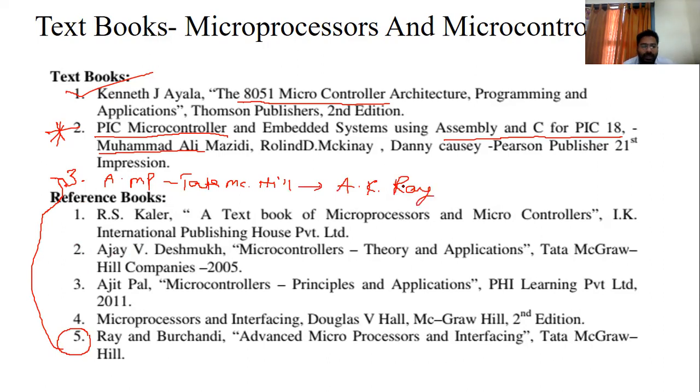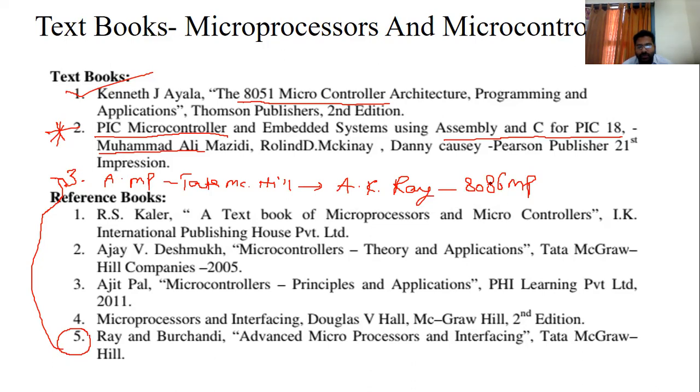It is not mentioned here, but this is the prescribed textbook for the 8086 microprocessor. Remember, this is the textbook for the 8086 microprocessor, A.K. Ray.